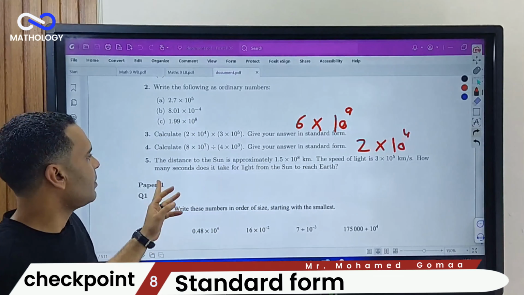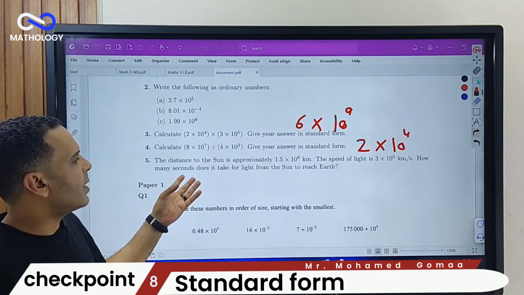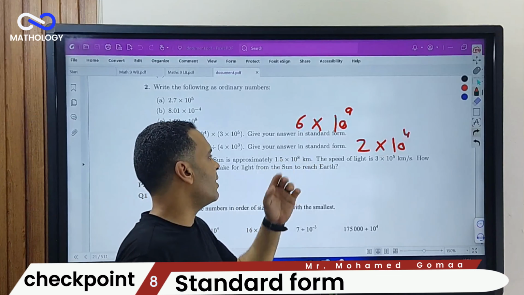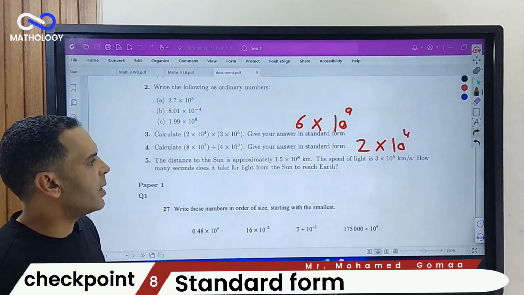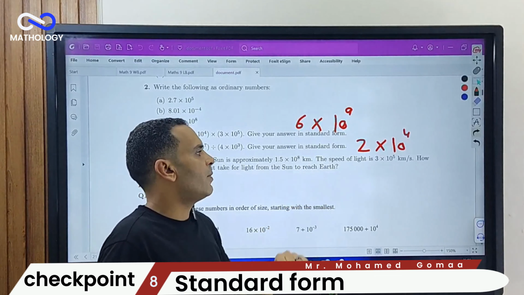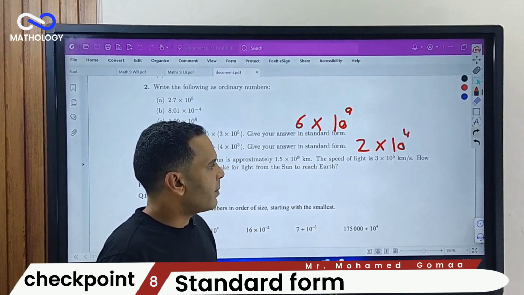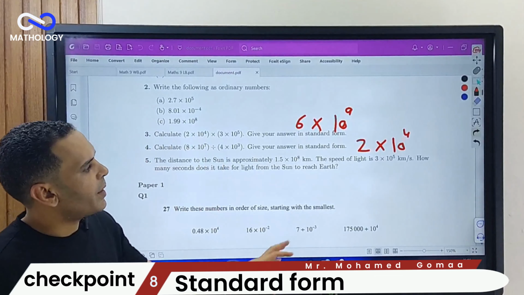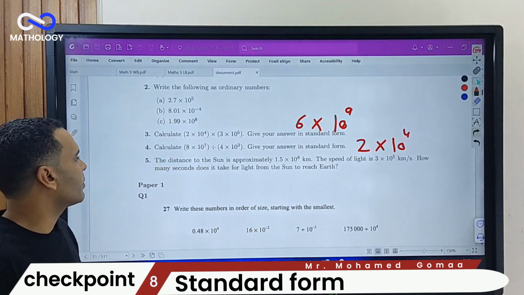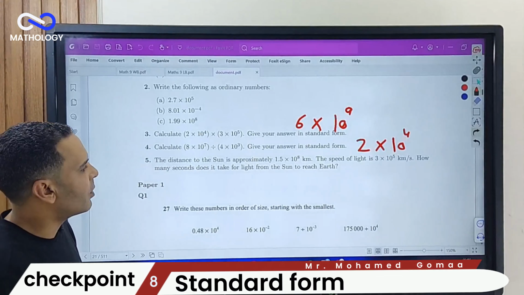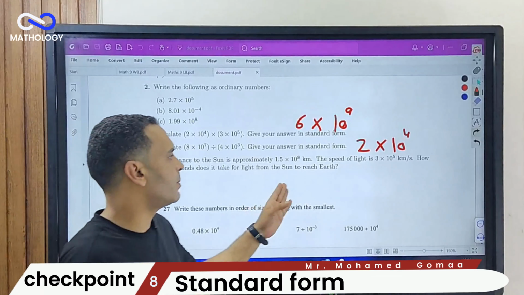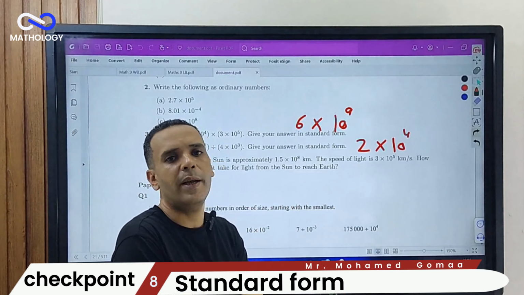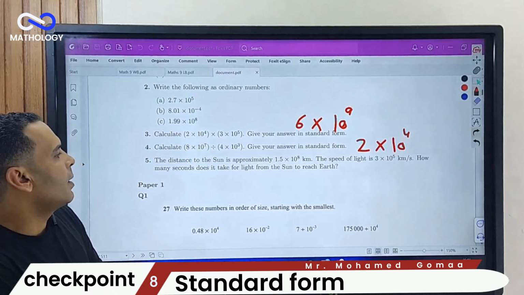Remember, the distance to the sun is approximately 1.5 multiplied 10 to power 8 kilometers. The speed of the light is 3 multiplied 10 power 5 kilometers per second. How many seconds does it take for light from the sun to reach Earth?